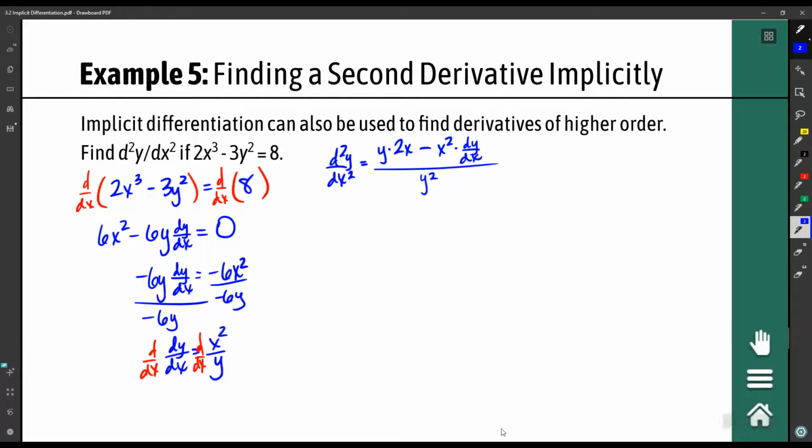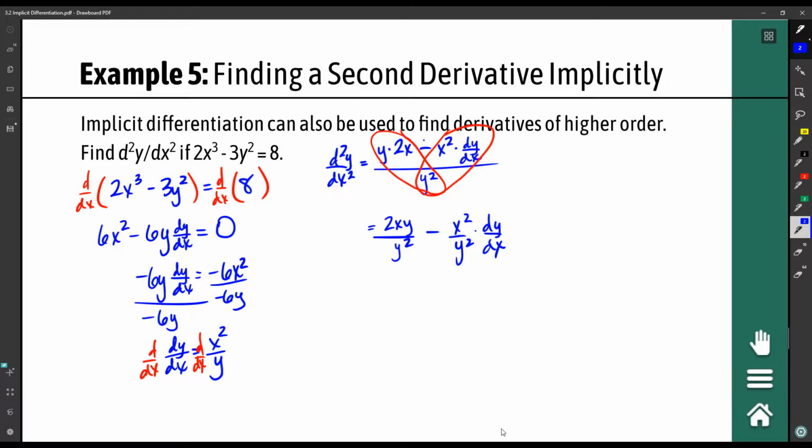We can clean that up a little bit, and we can also use the algebra of combining fractions and look at that as two separate terms. So this is 2xy over y squared minus x squared over y squared times dy/dx.